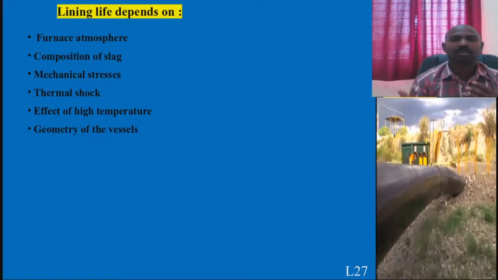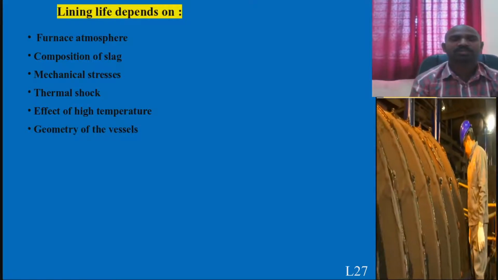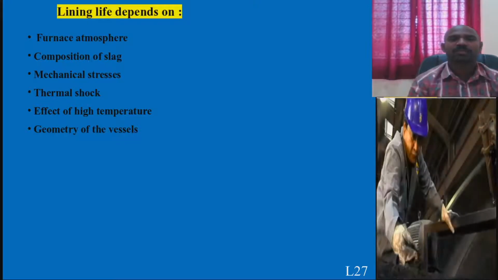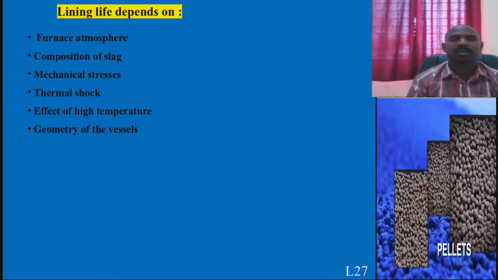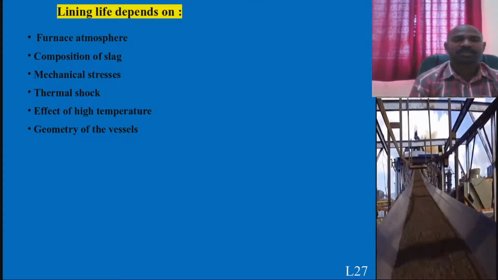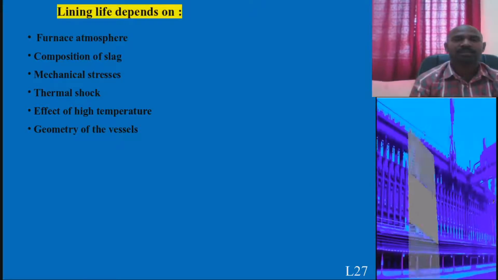Geometry of the vessel, as you realize the top part is a cone, the bottom is sphere shaped, and the middle body is cylindrical. These things affect the lining life, and the working lining is supposed to stand for a longer duration.